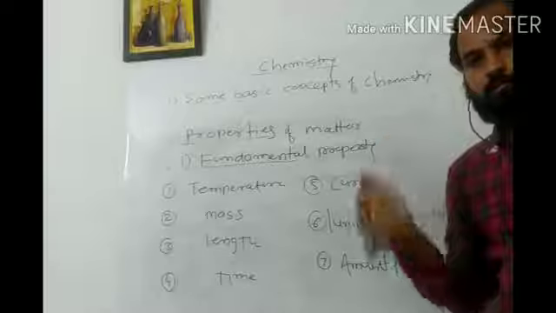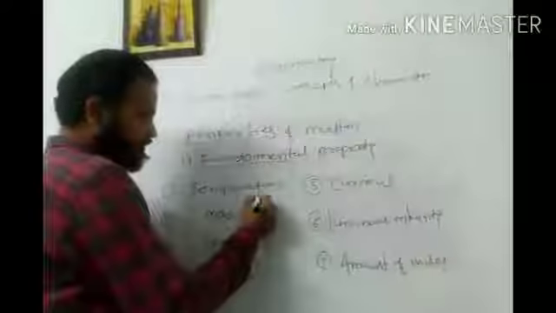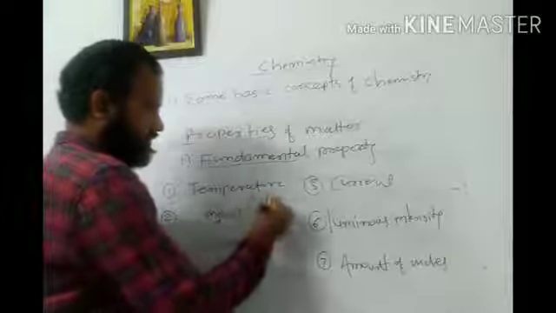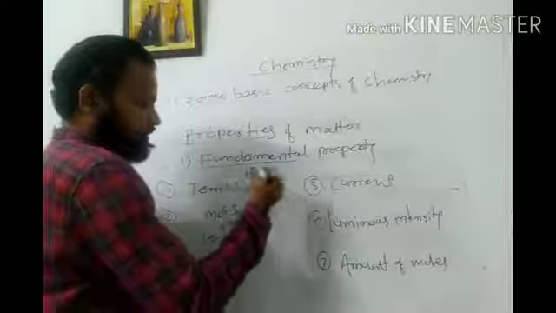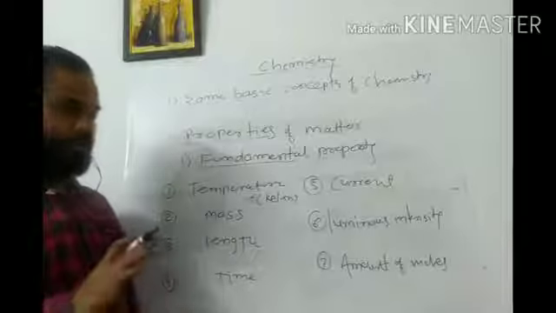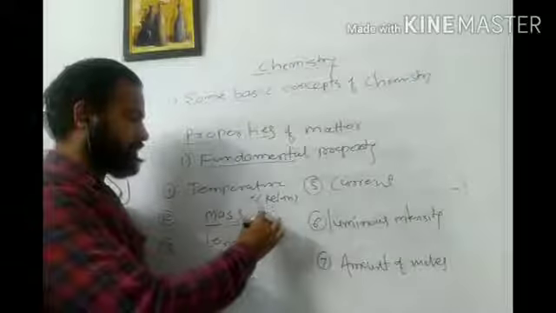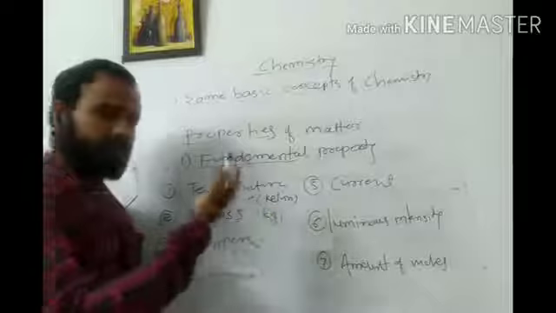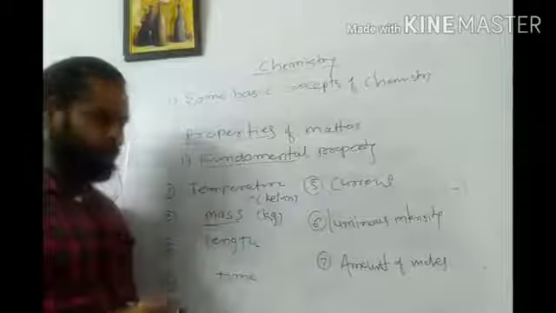So when we discuss units, temperature is generally measured in Kelvin, isn't it? Say 0 degree centigrade means 273 degree Kelvin. Similarly, mass is measured in kg. So there are various units; I am discussing SI units first.